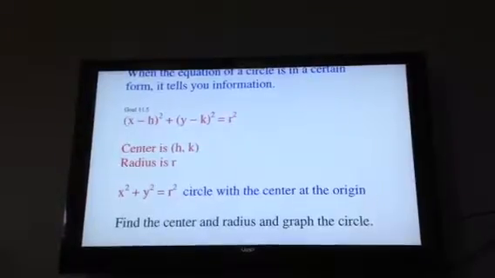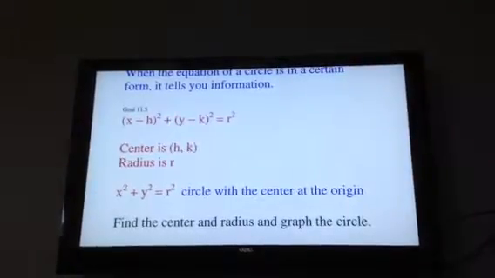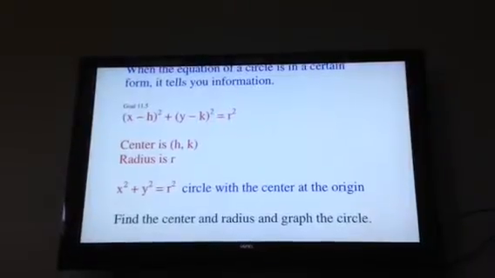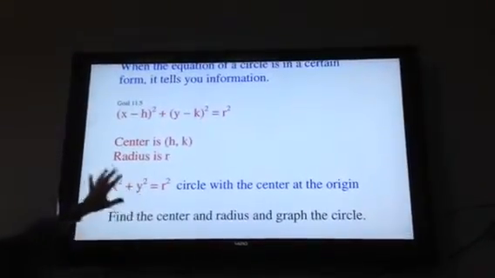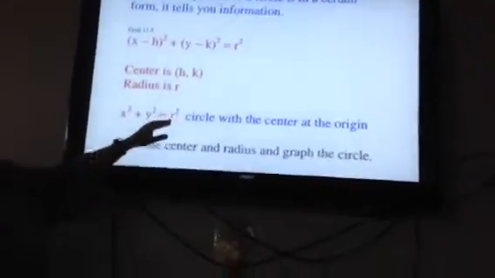So little things make it different from each other. A circle is an x squared, a y squared, both positive, both same coefficients. And if I don't have any parentheses, then those points would be zeros. So this would be a circle with the center at the origin.